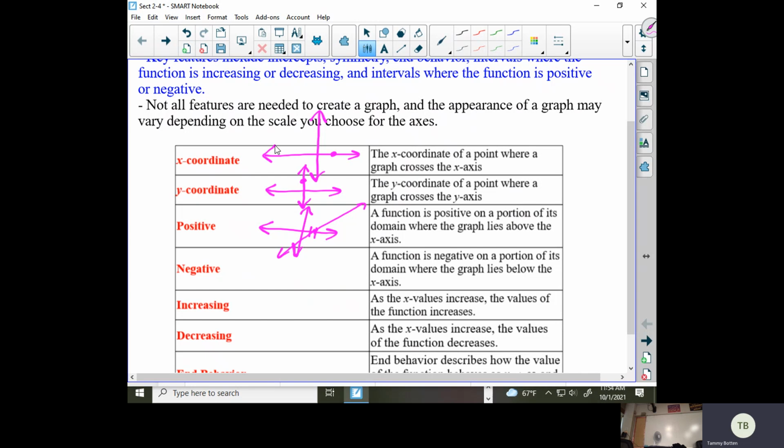Okay, so it's positive here, negative down here. If it says that your graph is negative for x less than -3, okay, that means it would be below the axis here, and if it's a straight line, it would be above the axis over here.